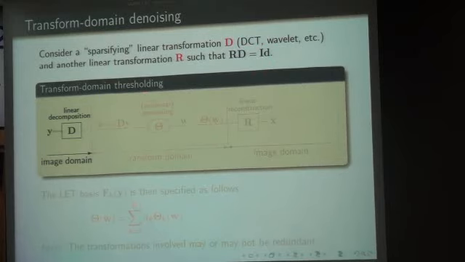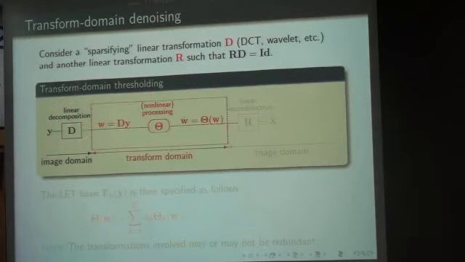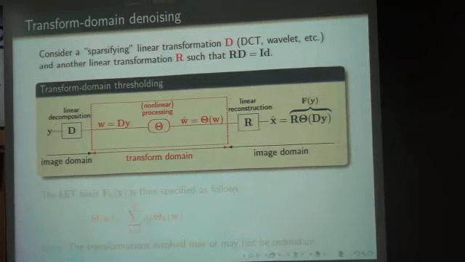So first you do the transformation, then you get wavelet coefficients. And this is where you are going to apply your nonlinear processing. But this nonlinear processing, as I have said, I'm going to decompose into a sum of independent nonlinear processings on a basis. And in the end, you do a reconstruction.